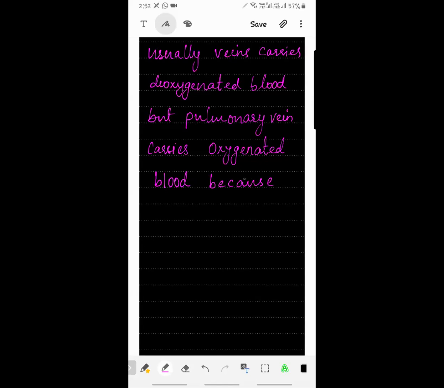So the pulmonary vein has to carry oxygenated blood.